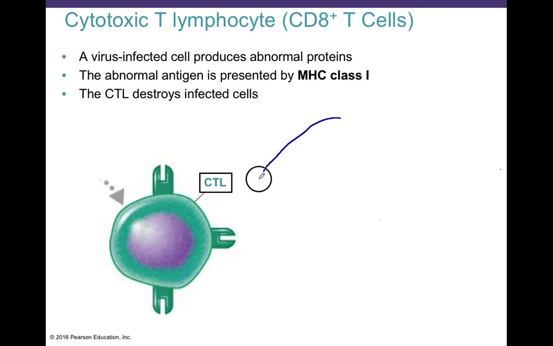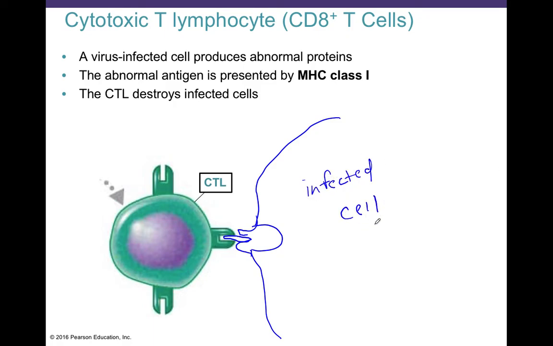And so here we can imagine this virus-infected cell with MHC1, and it's got this antigen on there that's a match for that cytotoxic T lymphocyte. So here's our infected cell. And here's our MHC1.